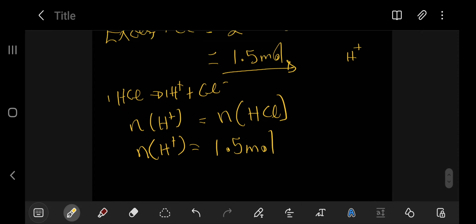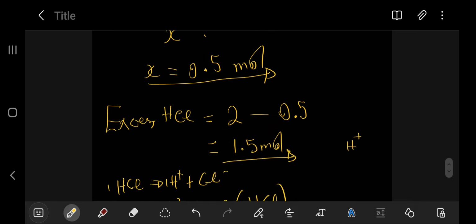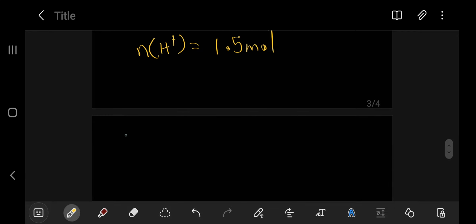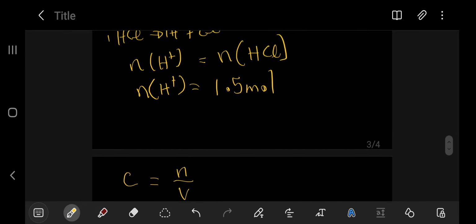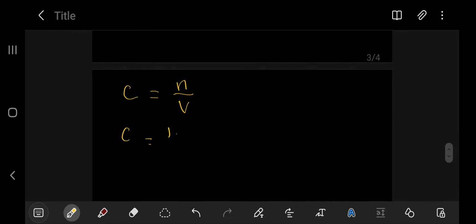So now, to formulate the pH, we need concentration, not number of moles. So we need to calculate the concentration. So C is equal to n over V. C is equal to number of moles, we have 1.5, right?